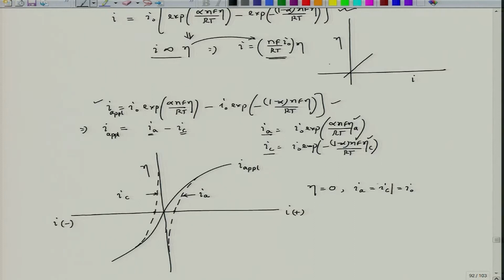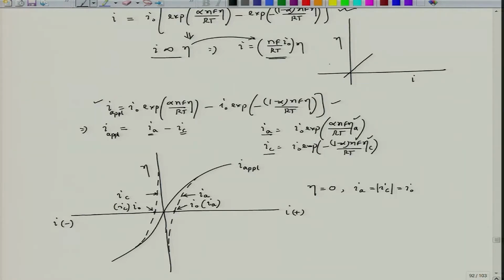Now, this is I 0 also, but this is on the positive side and this is on the negative side. That means, at zero over voltage the system is reaching a non corroding reversible condition, and that too a steady condition.